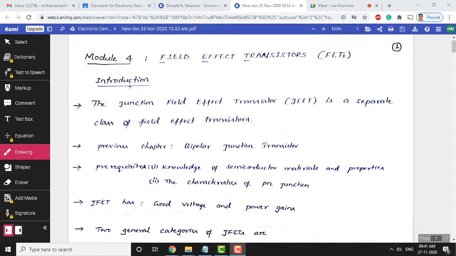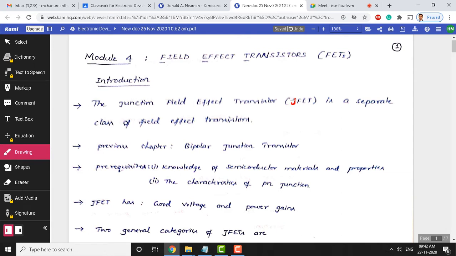So, we start with an introduction. The junction field effect transistor, you can see this is a JFET, shortly we call this a JFET. Okay, all right. So, this is the JFET expansion.